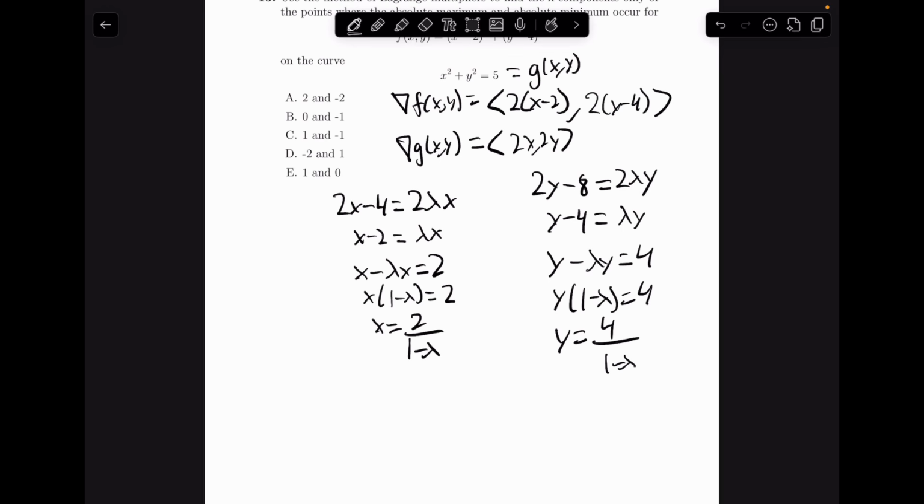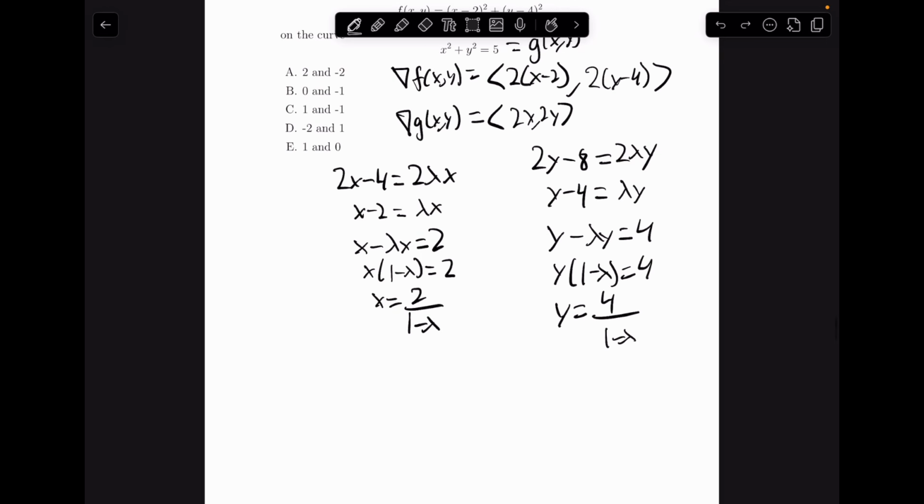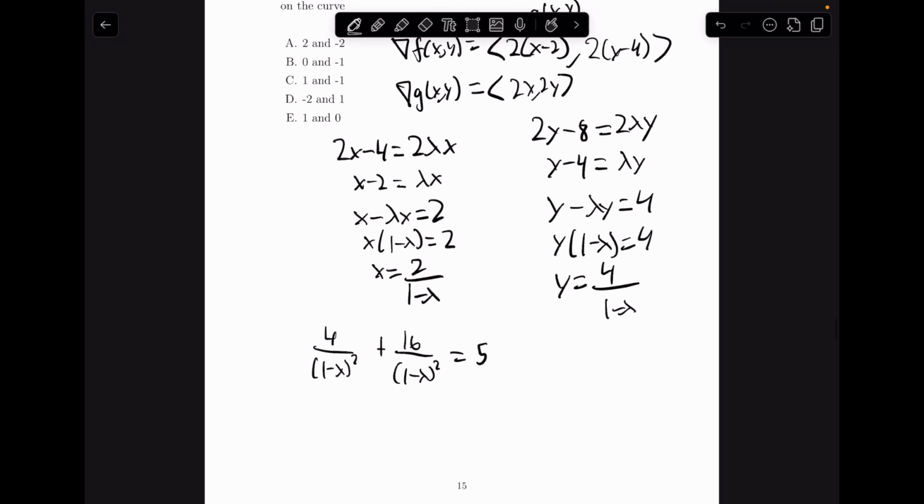Okay, now what we can do is plug into that constraint up here, and x squared is going to be 4 because 2 squared over 1 minus lambda squared, plus this time 4 squared, which is 16 over 1 minus lambda squared, and that's going to be equal to 5. We can combine our left-hand side.